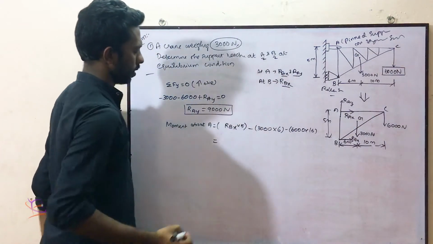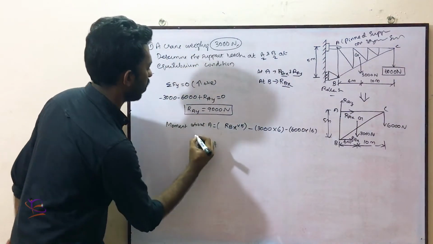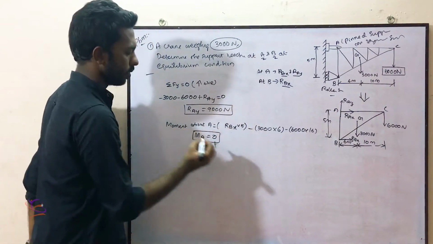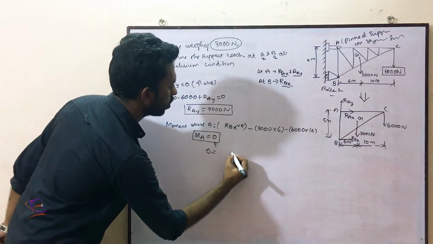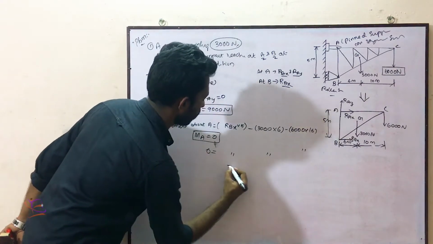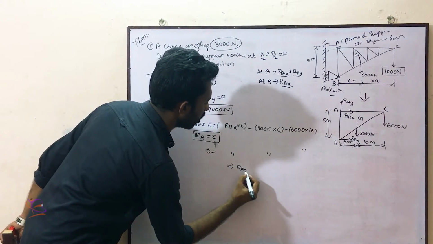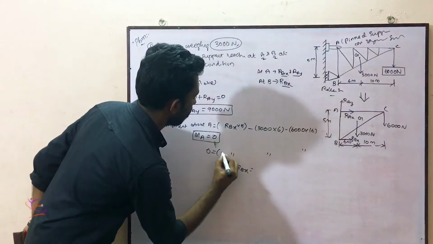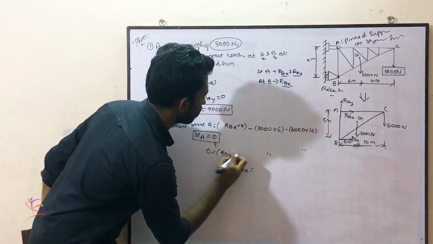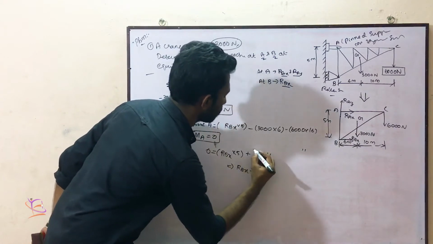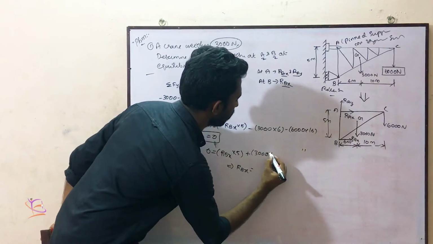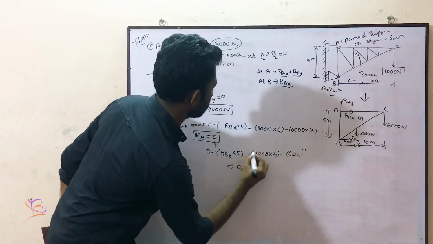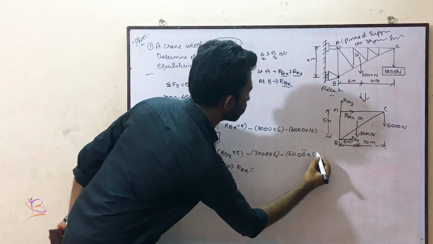Now the moment about the point A is equal to 0. So 0 equals RBX into 5 plus 3000 into 6 minus 6000 into 16.